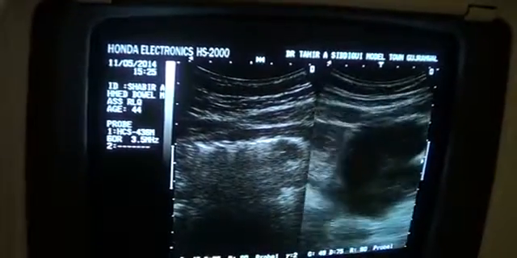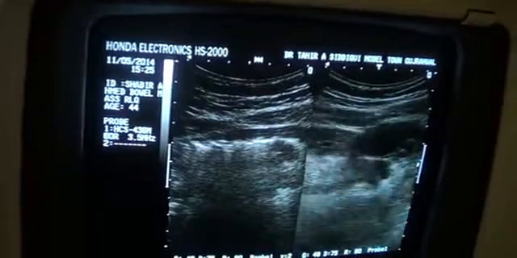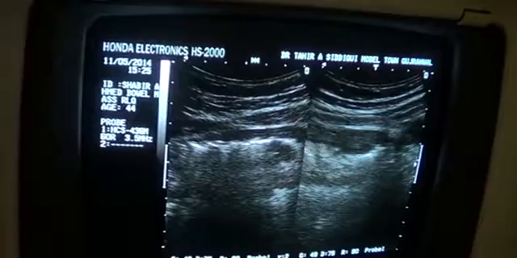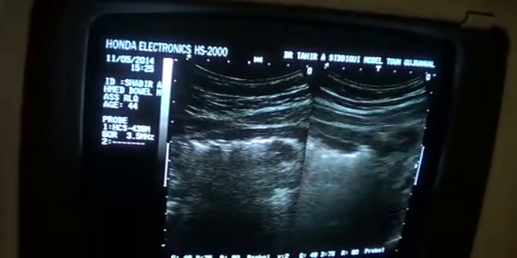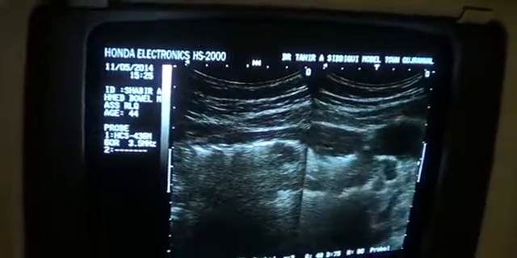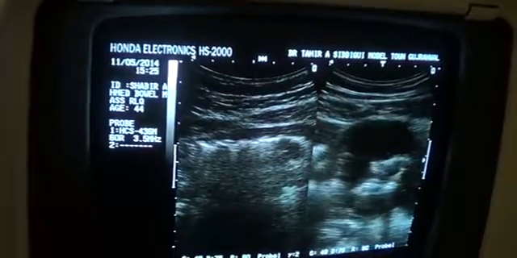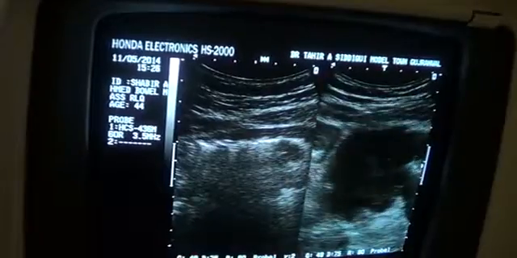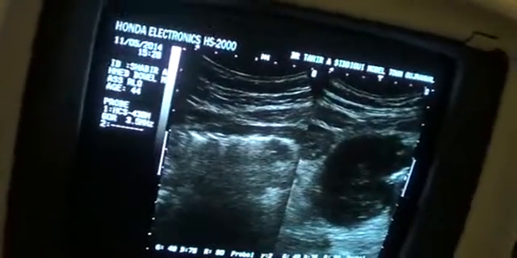You see, this is the mass, and here it becomes continuous with the other mass I showed you. So we should keep the possibility of intussusception in our mind.